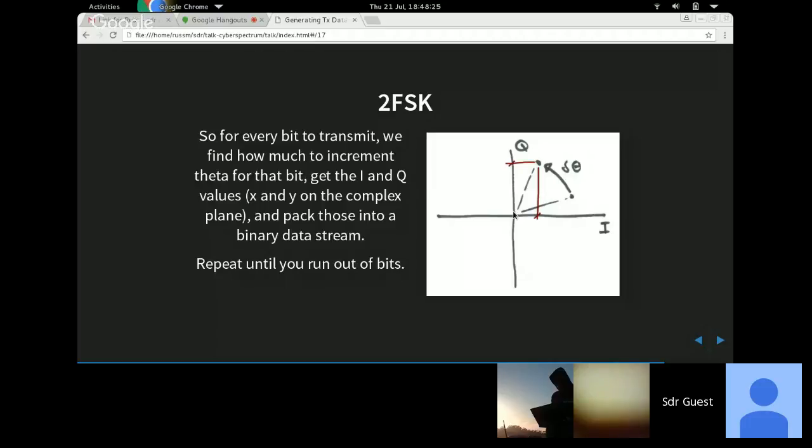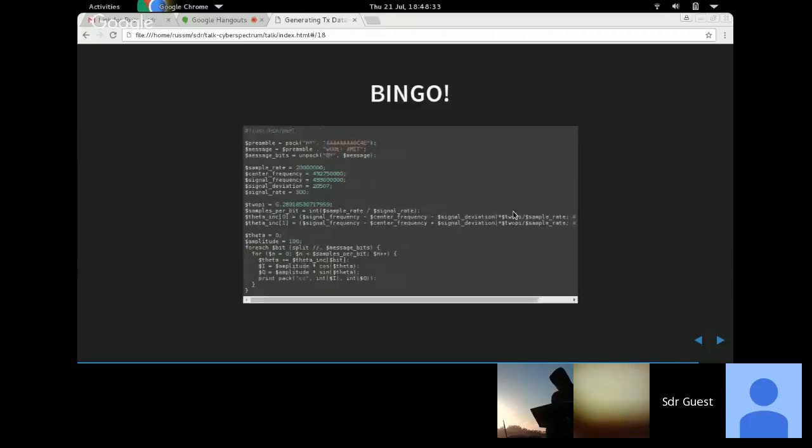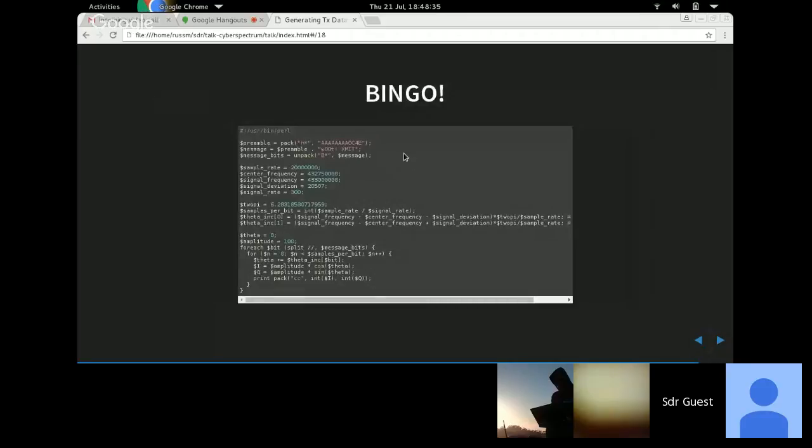If you've got a better radio, that'll be floating point, and you'll have much less quantization noise. And keep on going until you run out of bits. And again, that's going to be difficult to see. We set up the preamble, that is a hexadecimal sequence of 0 1s, followed by the synchronization word, then our actual message.